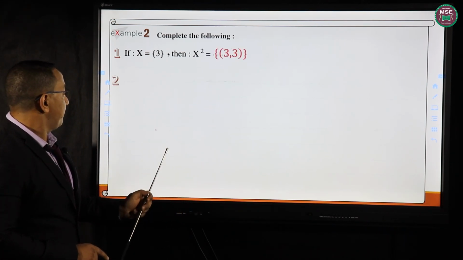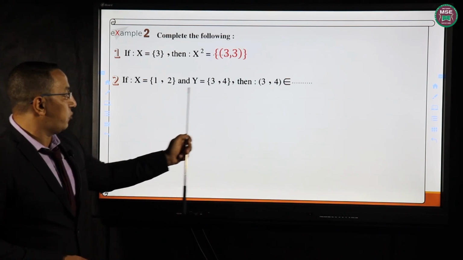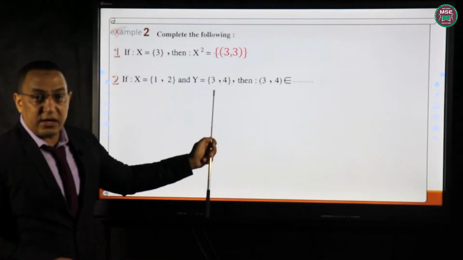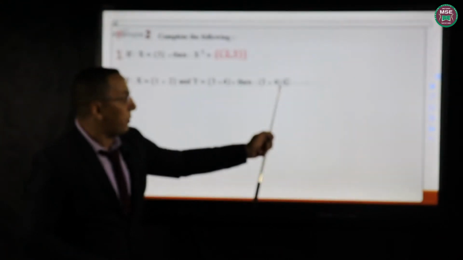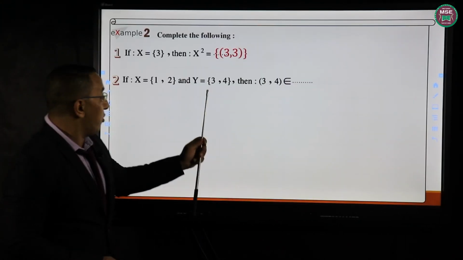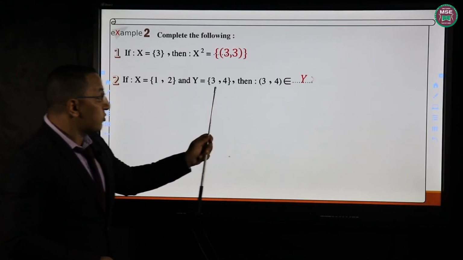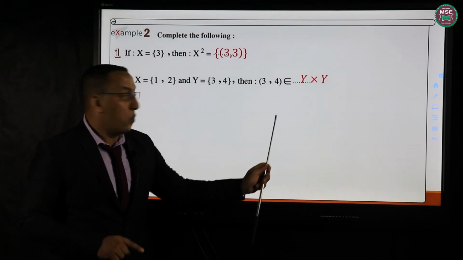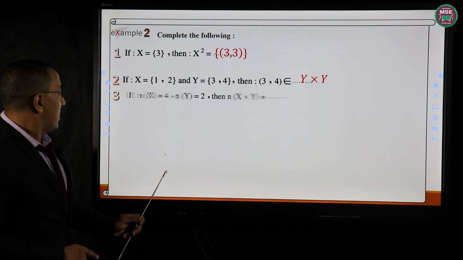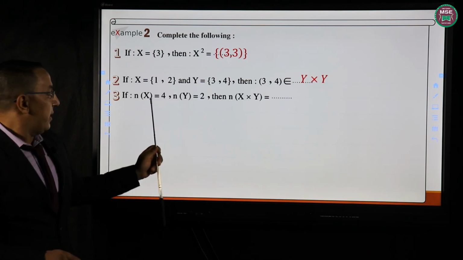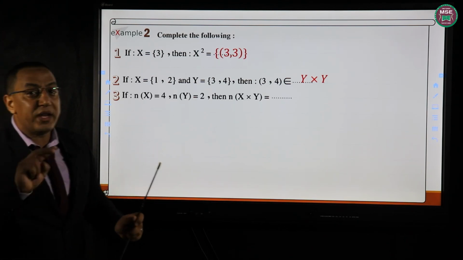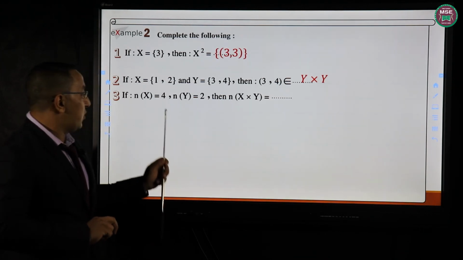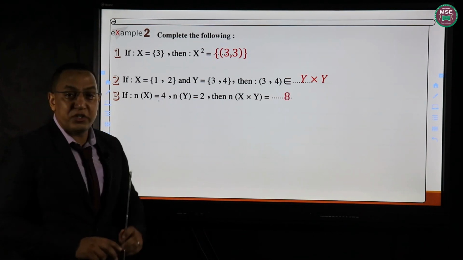And another one: if X equals {1, 2}, Y equals {3, 4}, then 3 and 4 belong to what? 3 belongs to Y and 4 also belongs to Y, so (3,4) belongs to Y product Y. Another one: n(X) equals 4, n(Y) equals 2, so we need the number of elements, so it will be 4 times 2, which is 8.